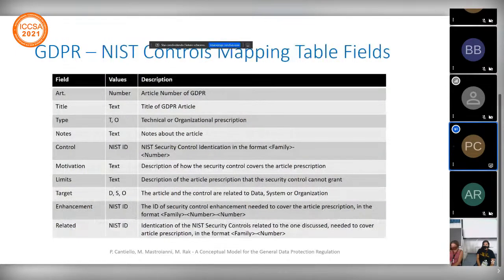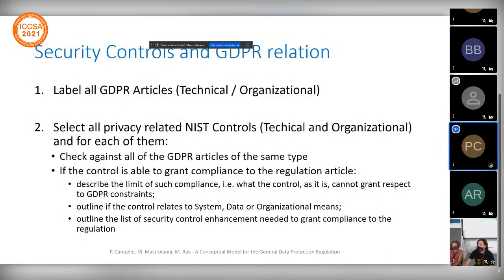Our process, our work, is this. Starting from all the GDPR articles, for each article, we have stated if it is technical or organizational, if it imposes a technical or organizational measure to prove it.